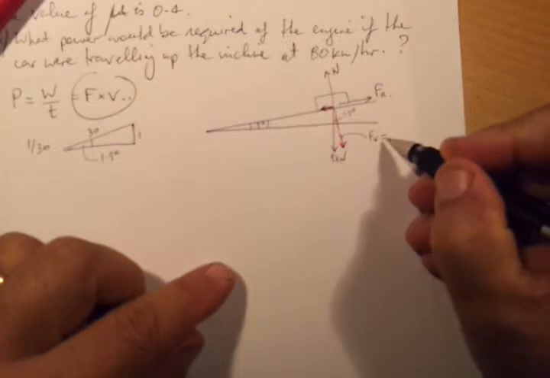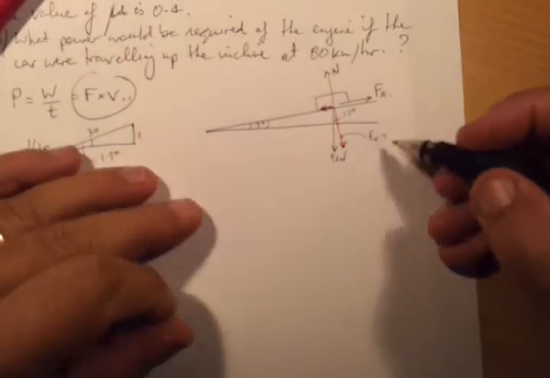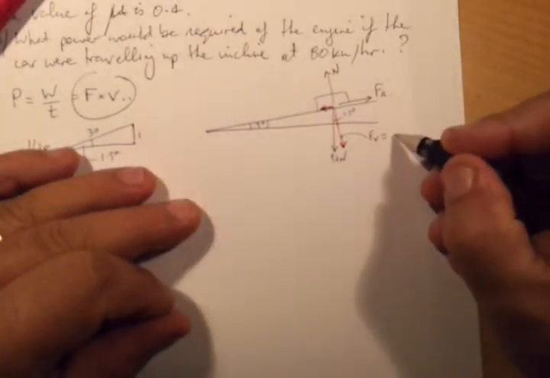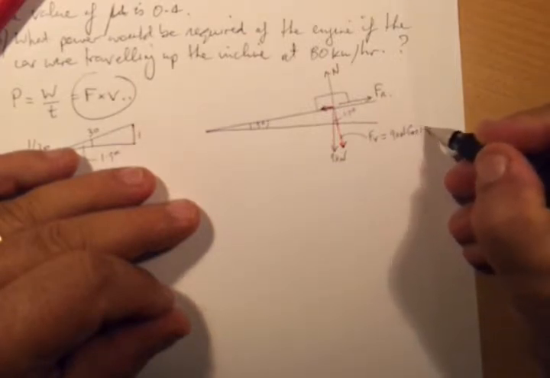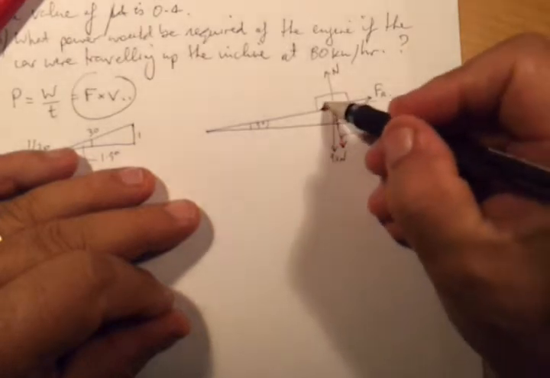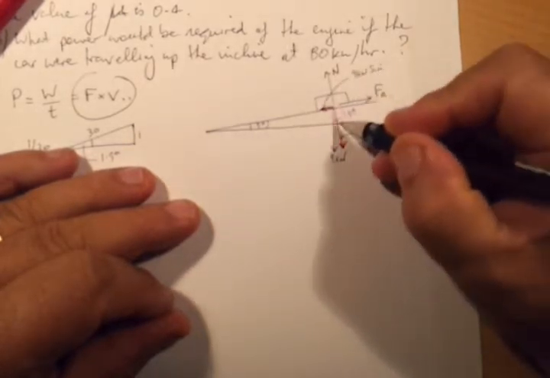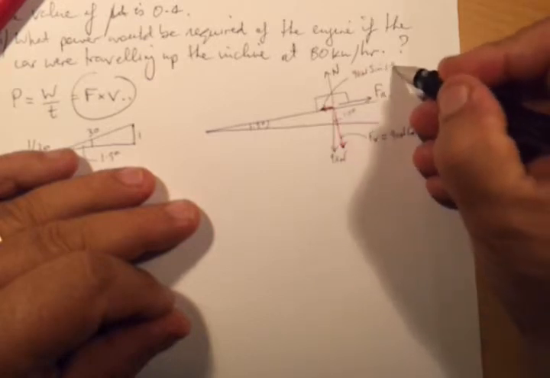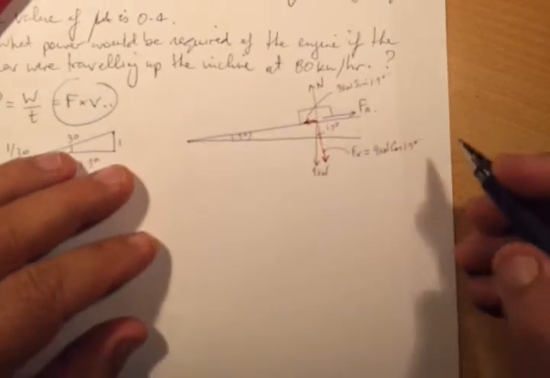That's going to equal 9 kilonewtons cos of 1.9 degrees, and the horizontal force is going to be equal to 9 kilonewtons sine of 1.9 degrees, just from basic trigonometry.